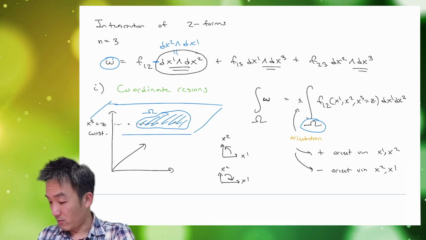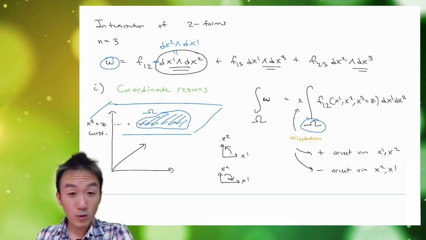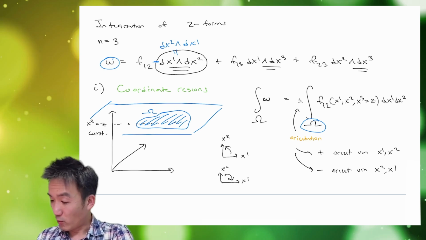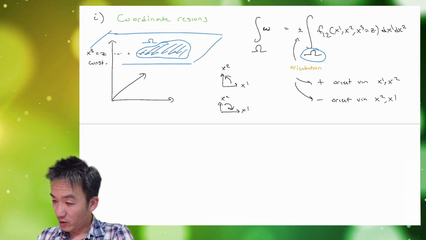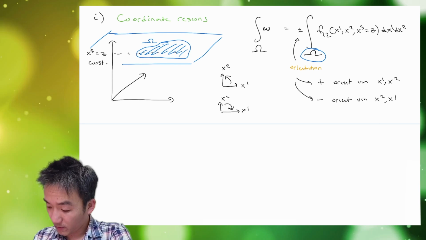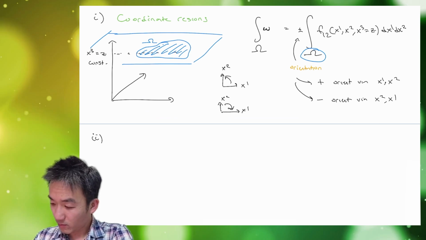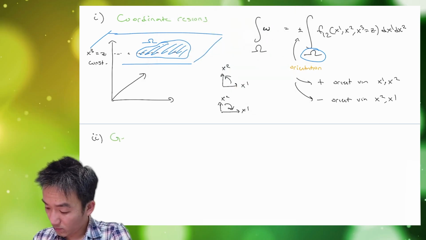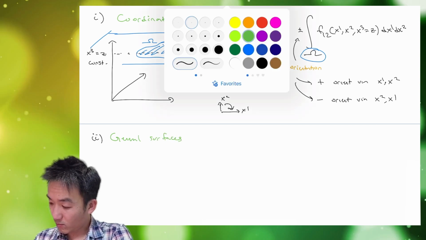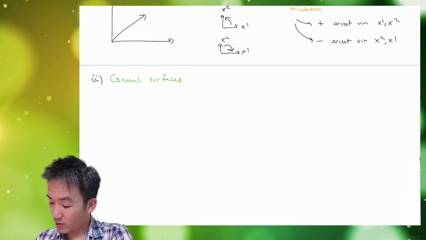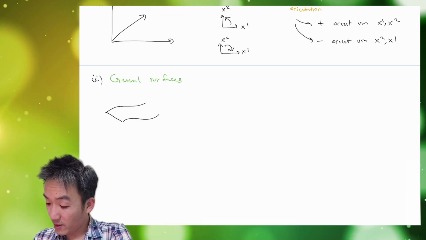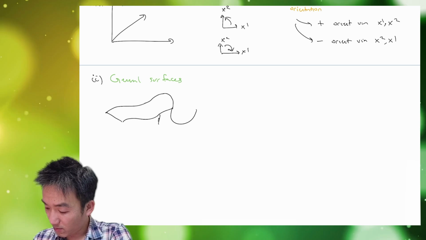Okay, so this is how we integrate over coordinate regions. What about for general surfaces? Right, so a general surface, it's just going to do its own thing, right? So it's going to look like a sheet locally, and then it's just going to bend all around.